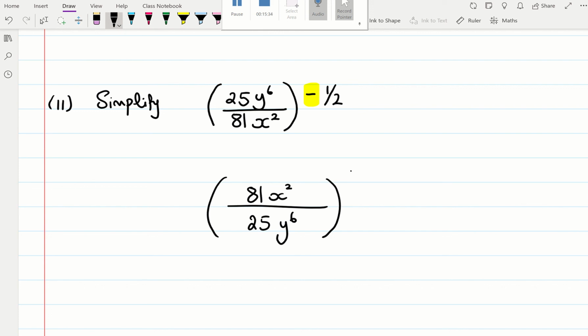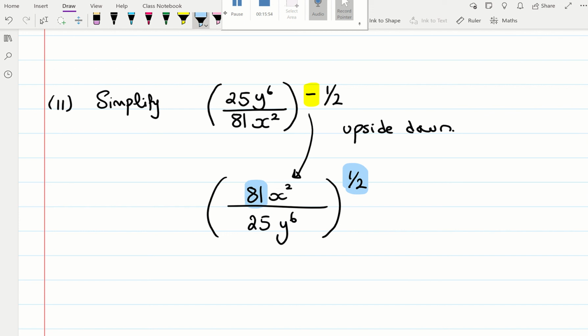And then we're going to apply the positive power of a half, because the negative has done its work. It's turned it upside down. So that's why now the power is positive. And then this power outside is going to be applied to every single part.